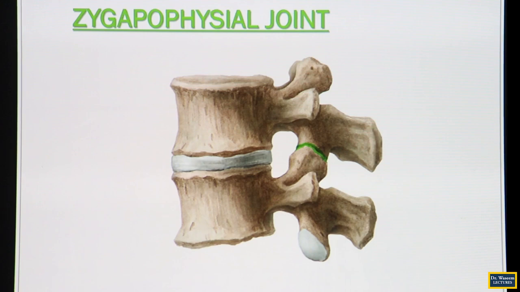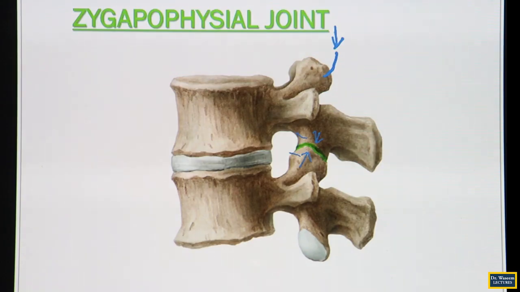The upper articular process of a vertebra makes a joint with the lower articular process of the preceding vertebra, and the lower articular process of your vertebra makes a joint with the upper articular process of the following vertebra.